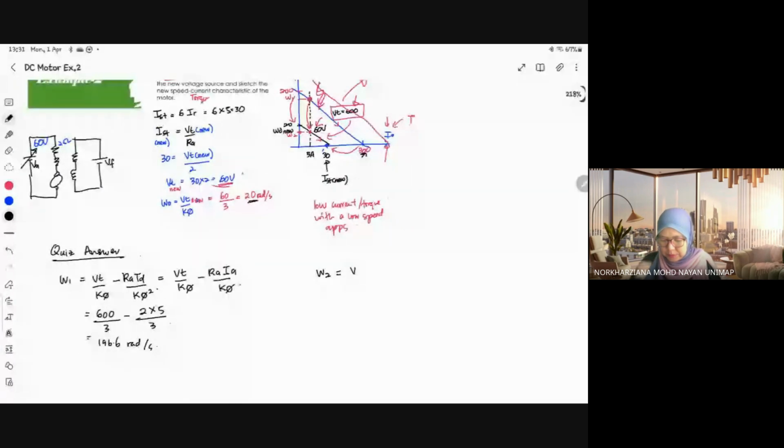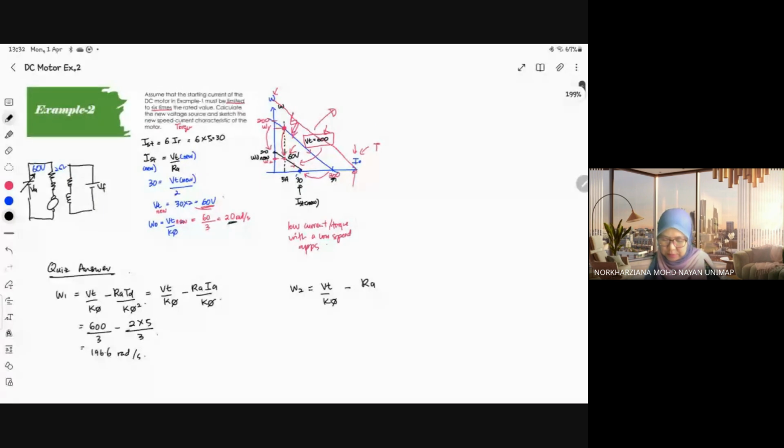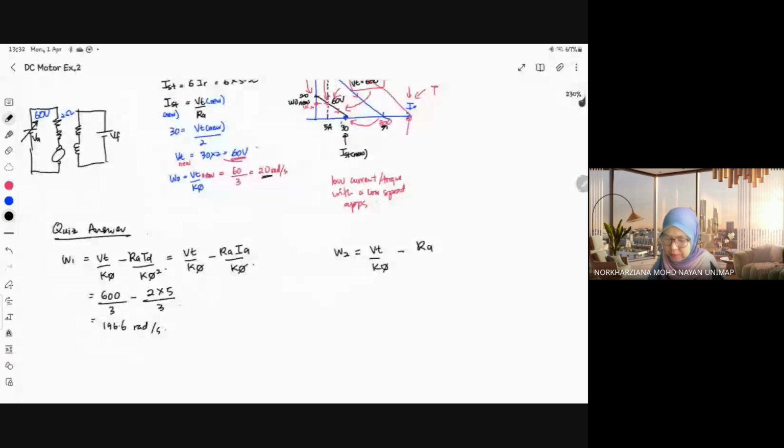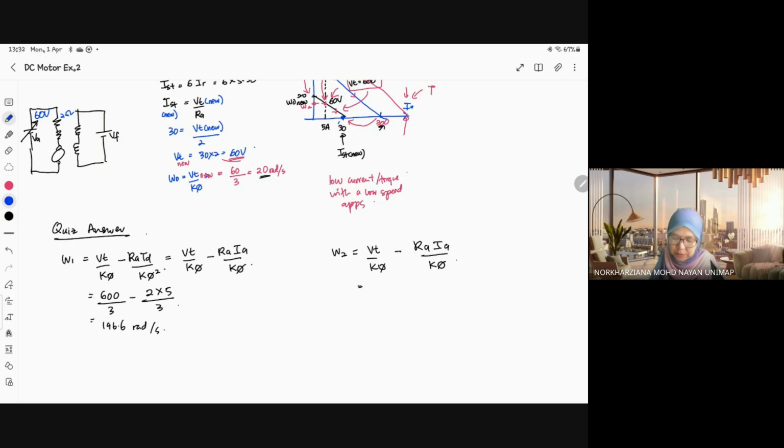So for speed of example 2, same equation, Vt over Kv minus Ra Ia over Kv, and you need to know that this one is Vt1, this one is Vt2.